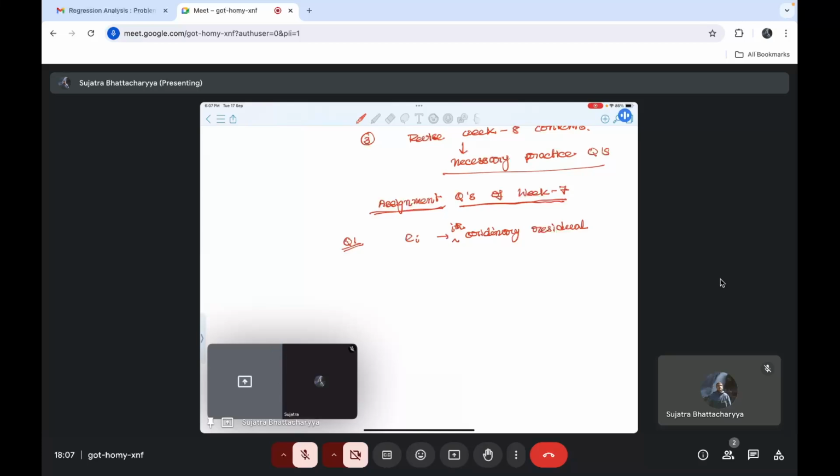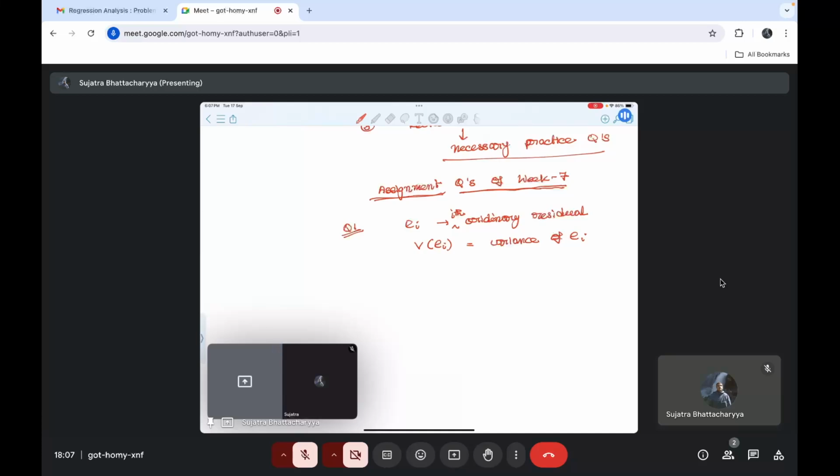So what is the variance of EI? This is what we need to find. We know that EI, the ith residual, is nothing but Yi minus Yi hat. Whether it is a multiple linear regression model or a simple linear regression model, you will have a similar definition for the ordinary residual EI.